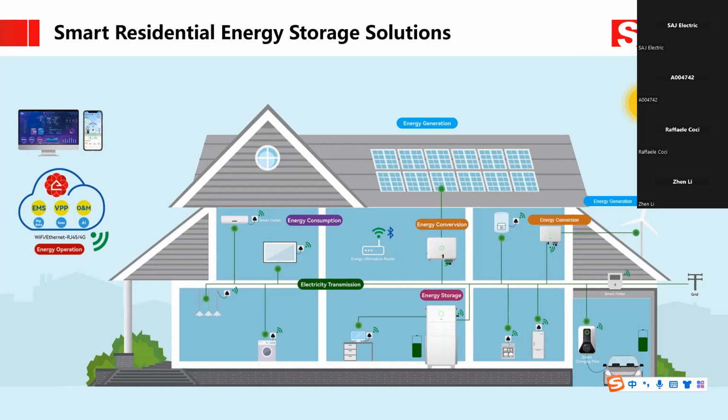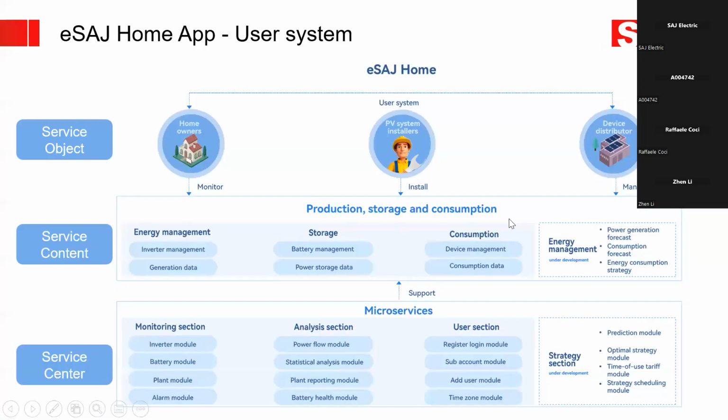As you can see, this is quite a complex system. To ensure the smooth installation and smooth running of the system really requires collaboration between three key user groups. Firstly, the homeowners want to monitor the system, and the installers want an easy installation, and to do maintenance and provide customer service easily.